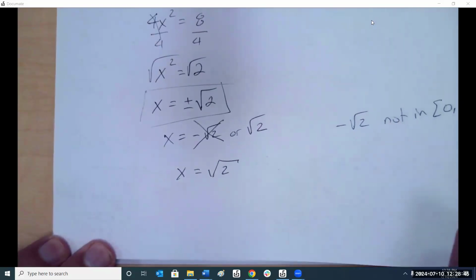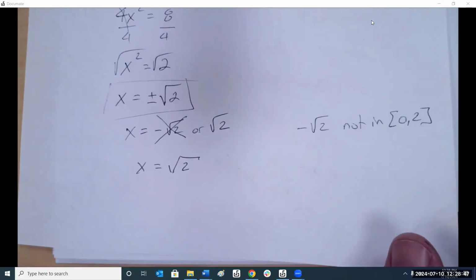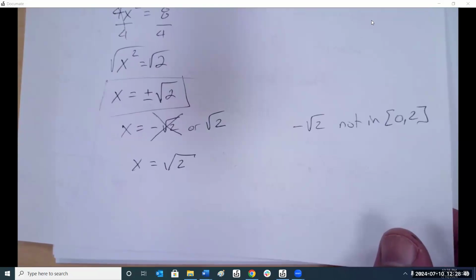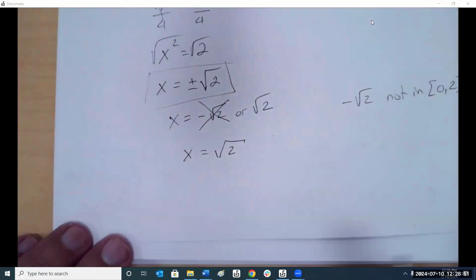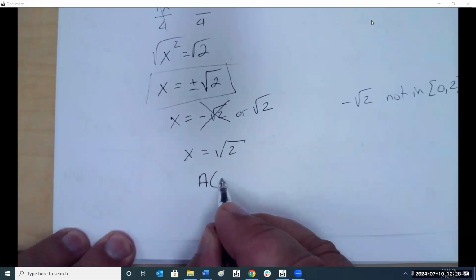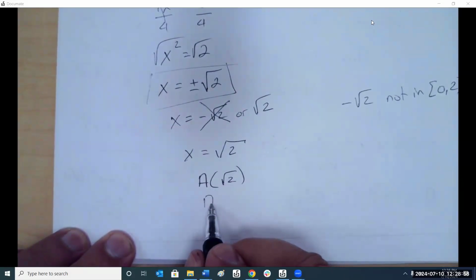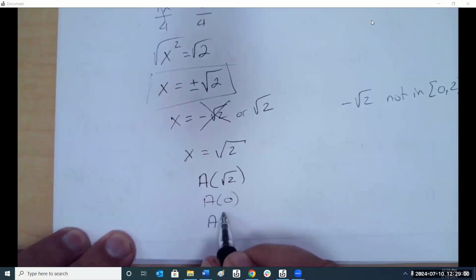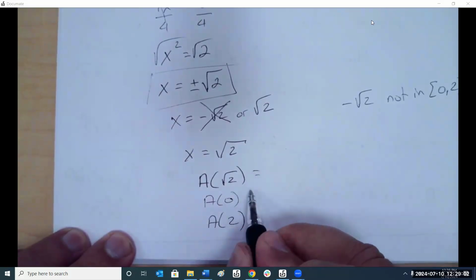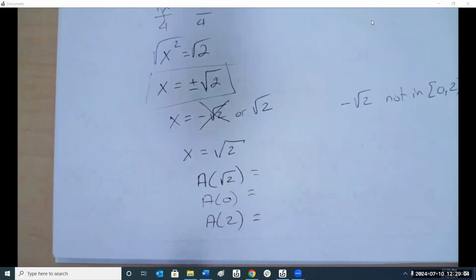So far, so good. Remember, we have 3 points, 3 x's we have to check. We have to find A of radical 2, A of 0, and A of 2. We have to do all 3 of these, and we're looking for the largest area. So we'll look at the biggest number.